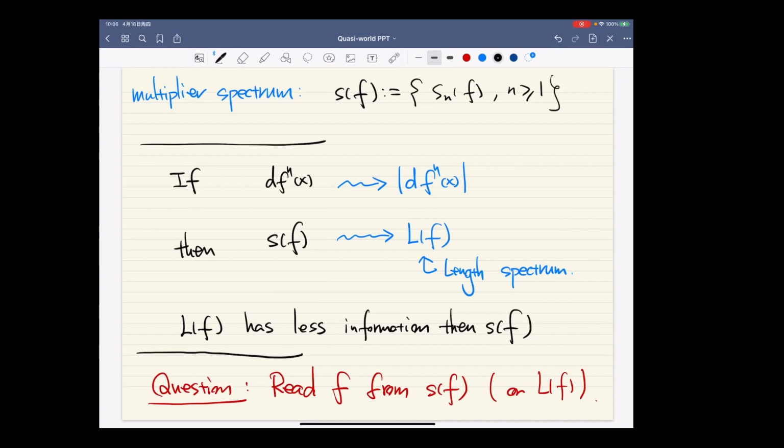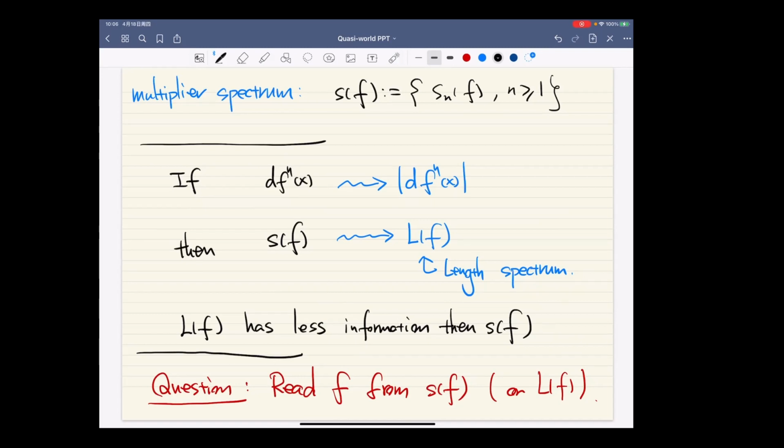Moreover, in the definition of the multiplier spectrum, we use all the multipliers, but we can change the multipliers to their lengths. If we replace all the multipliers by their norms, then we get what we call L(f), the length spectrum.